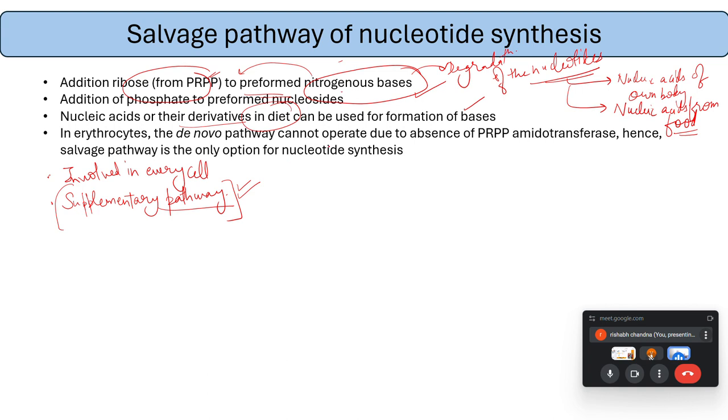This pathway is important in erythrocytes because in erythrocytes the de novo pathway cannot operate, owing to the absence of PRPP amidotransferase, which transfers the amide group from the amino acid glutamine to the base.